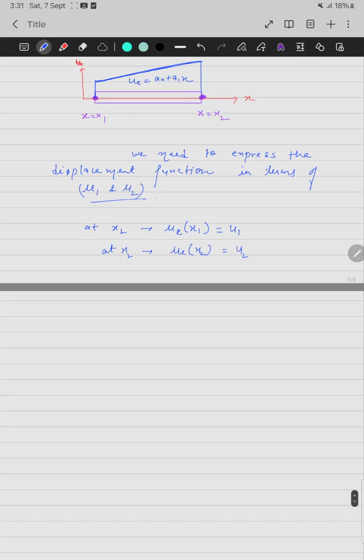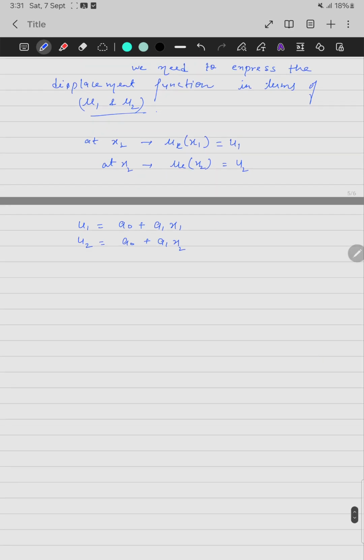Now we'll put these x1 and x2 in the equation. We'll get two equations: u1 equals a naught plus a1 x1, and u2 equals a naught plus a1 x2.